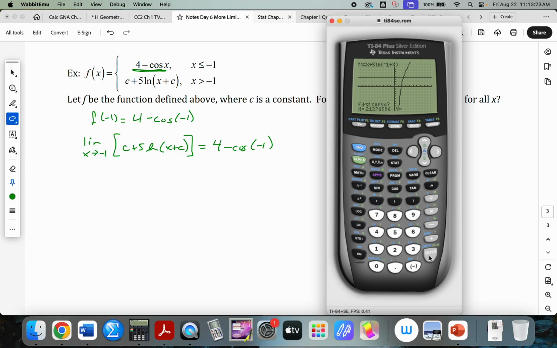Boy, it didn't like that, did it? Why is it not doing anything? Find the intersection, first curve. I think I broke it.